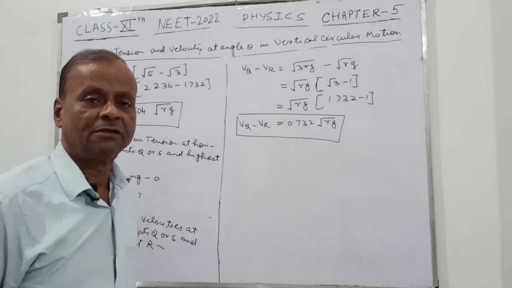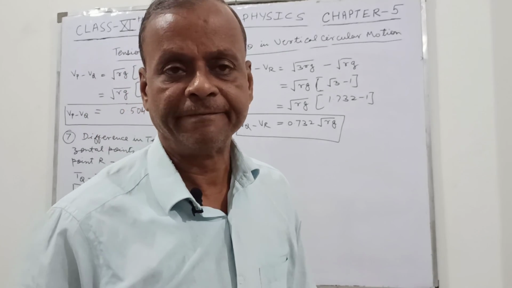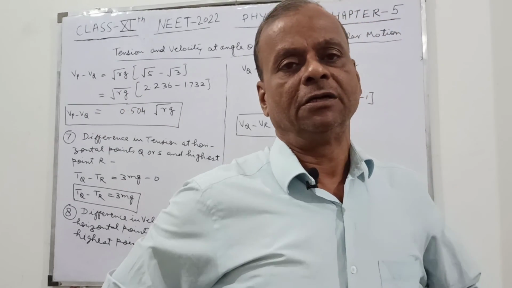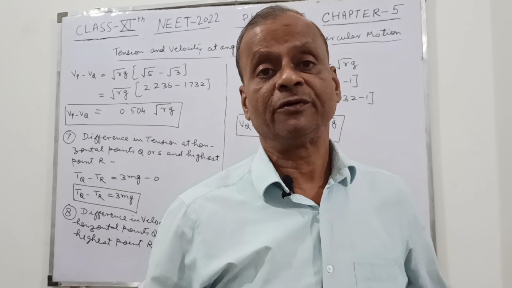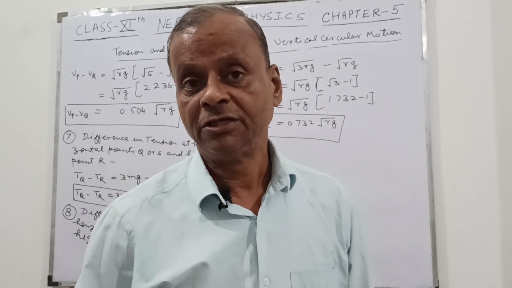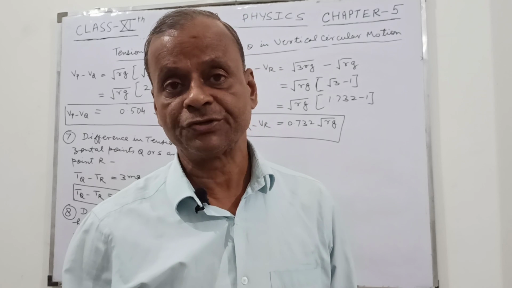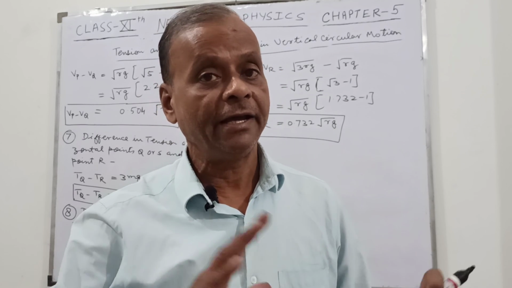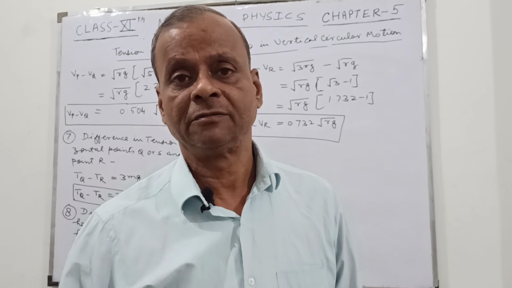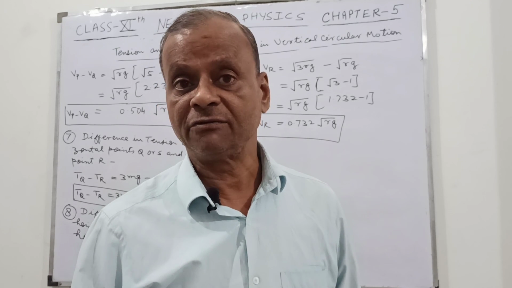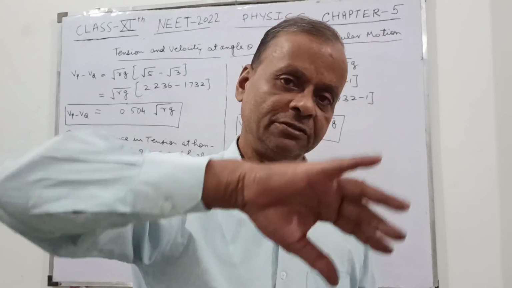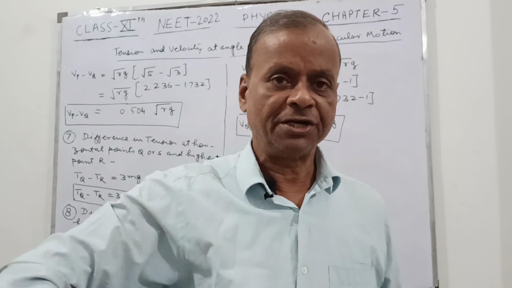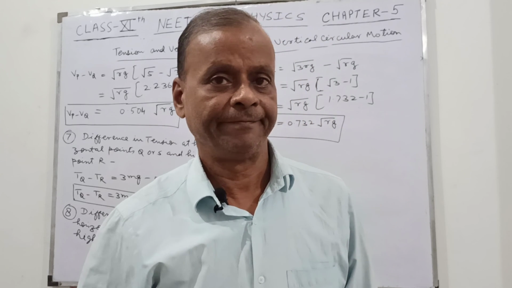So this is a comparative study of the difference of the velocity and the tension, and with the help of equations 2 and 3, you can calculate the velocity and the tension at any point, at any angle taken from the vertically downward position, when the particle is rotated in the vertical plane.